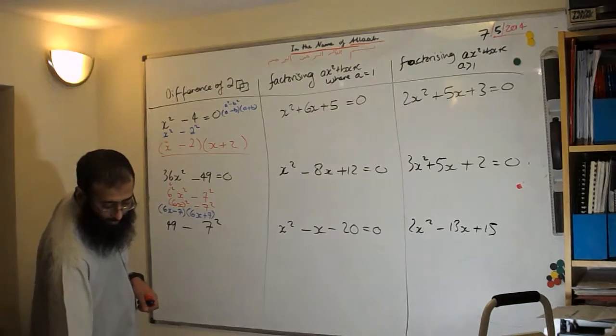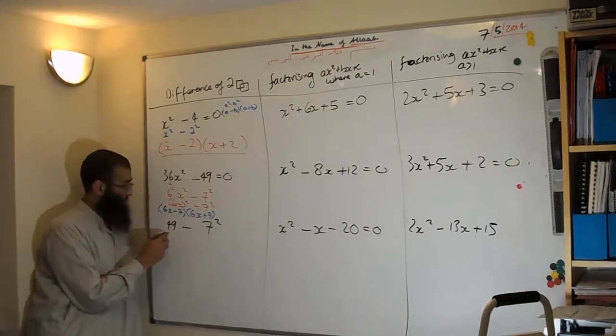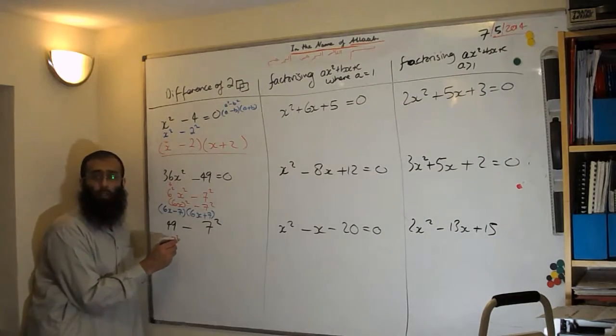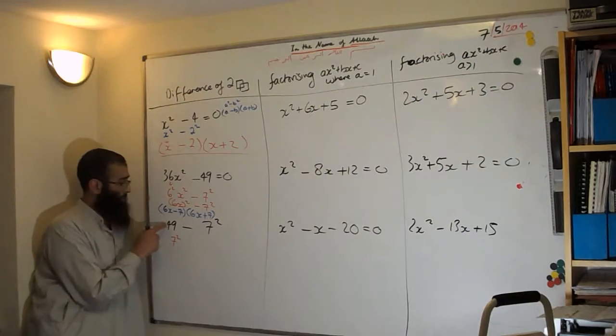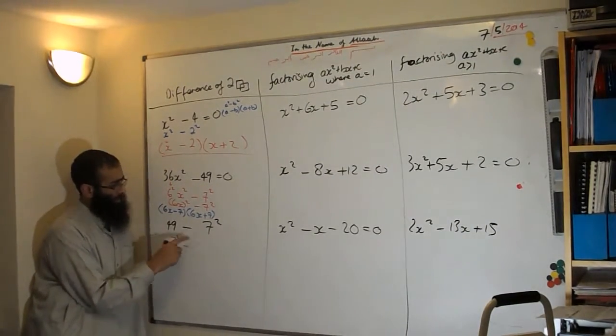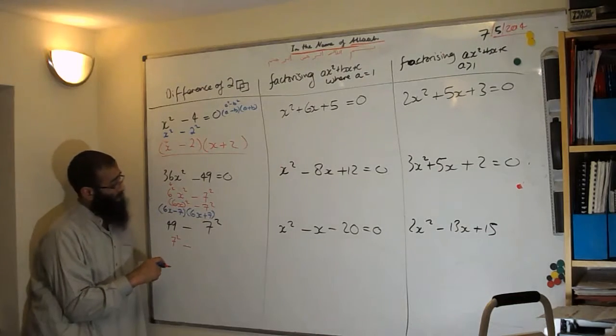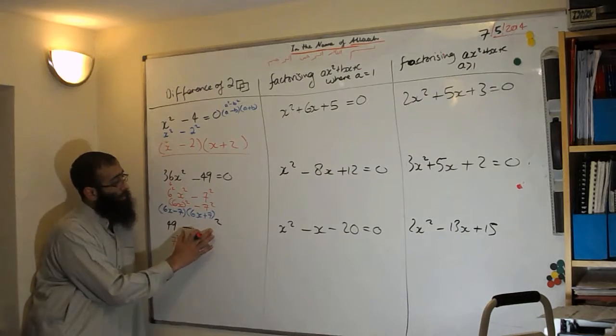Next one. 49 minus 7 squared. Right, Mr. Ramiz, what square number is 49? 7. Okay folks, I think we need to change this question a bit.